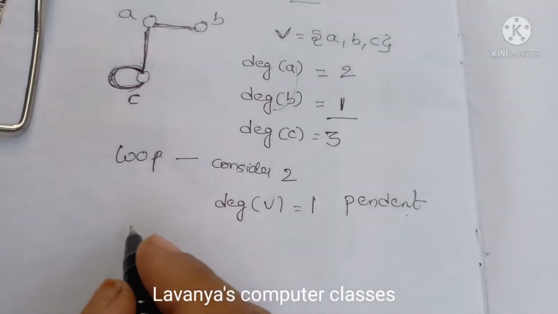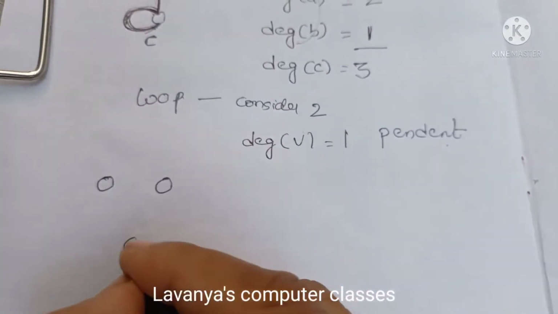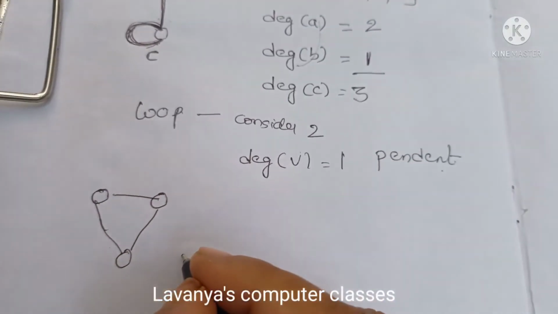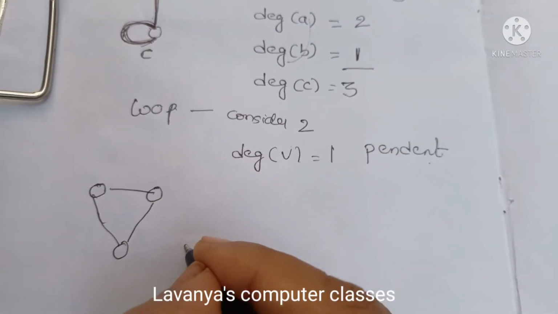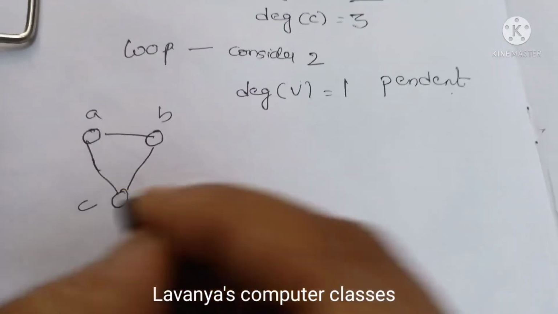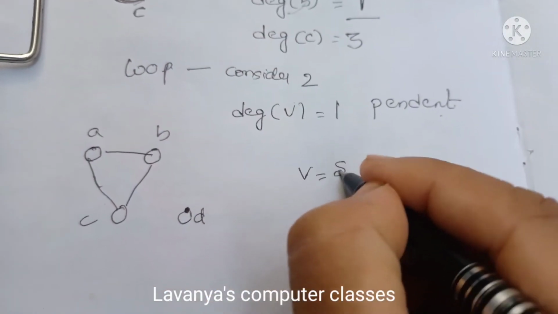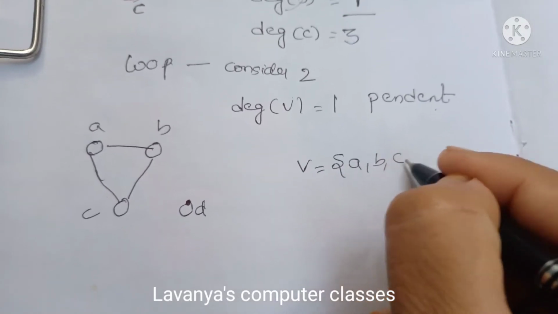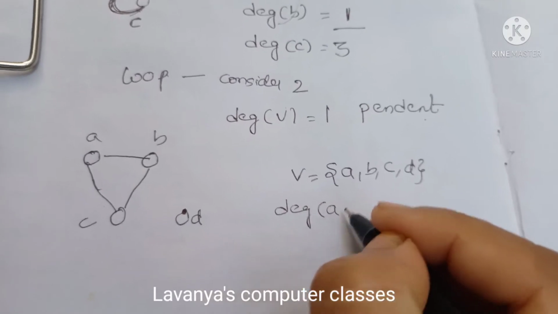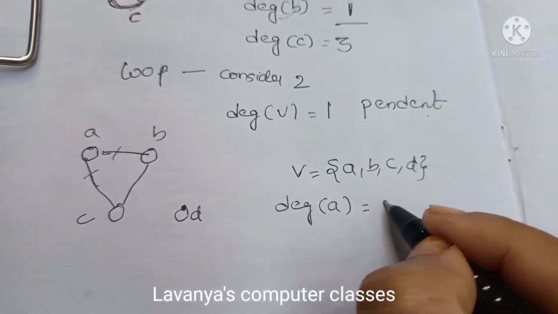Here is one more example. I will take a simple example of a graph with vertices A, B, C and D. The vertex set contains 4 vertices: A, B, C and D. Calculate the degree of each. Degree of A: one edge here and one edge here, so degree of A is equal to 2.